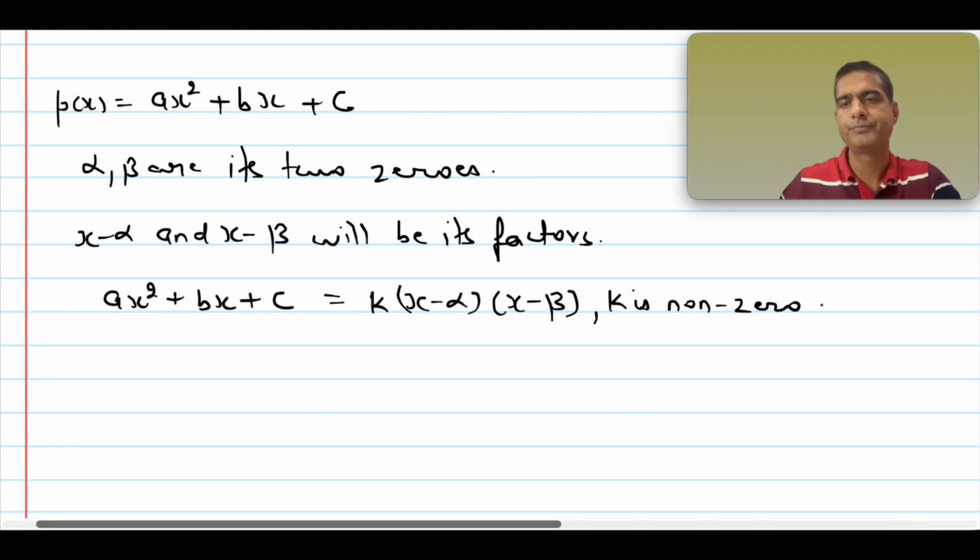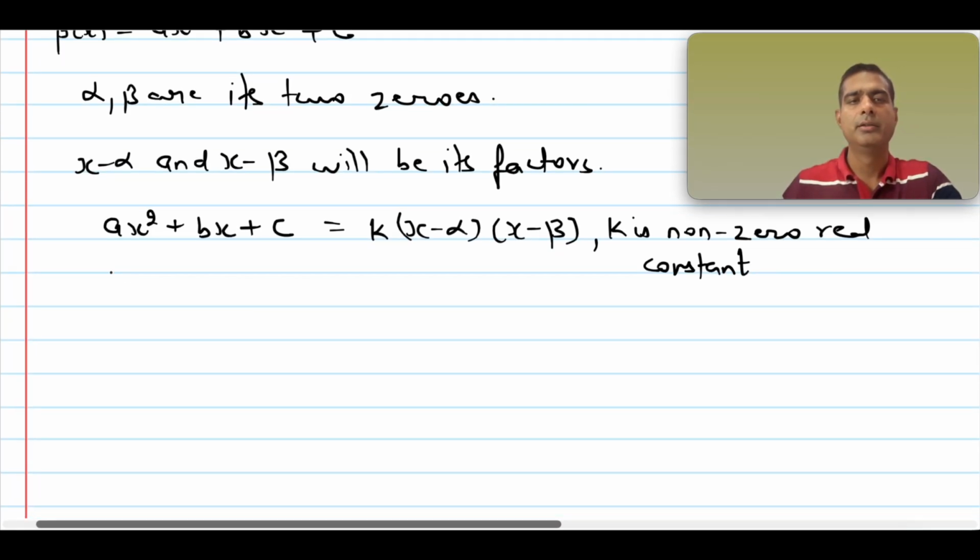And we know why it can't be 0. If it is 0, then the right hand side whole will become 0. So ax square plus bx plus c will be of the form k times x minus alpha times x minus beta, where k is a non-zero real constant.